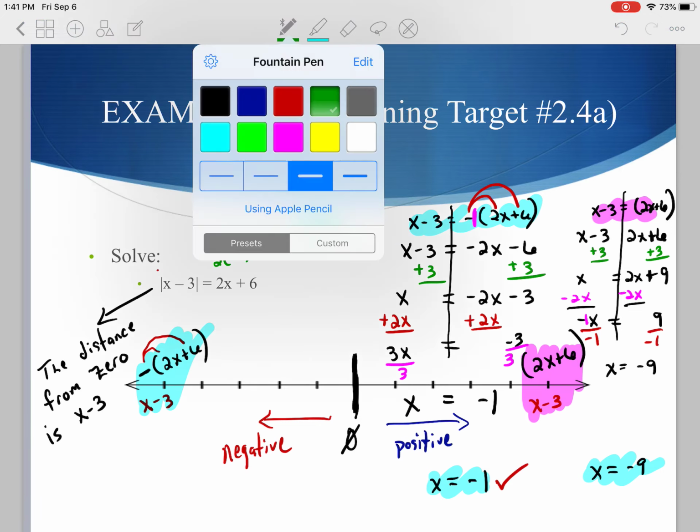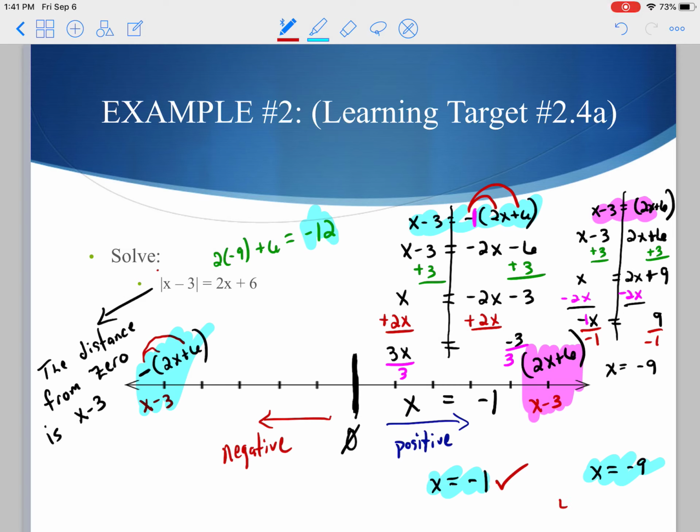What it means is that I have an extraneous solution. And essentially what an extraneous solution means is that it is an invalid solution. So almost considered as, in this case, no solution in the positive direction. And so I have one valid solution, x equals negative 1, representing the negative direction and distance from 0.